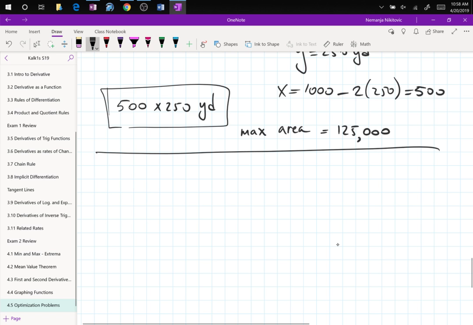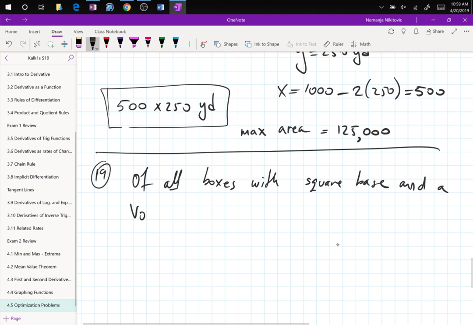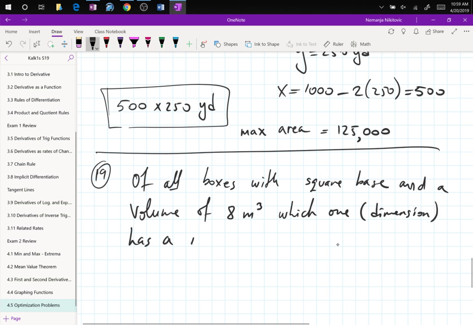Of all boxes with a square base and a volume of 8 meters cubed, which one, in terms of dimensions, has a minimum surface area?